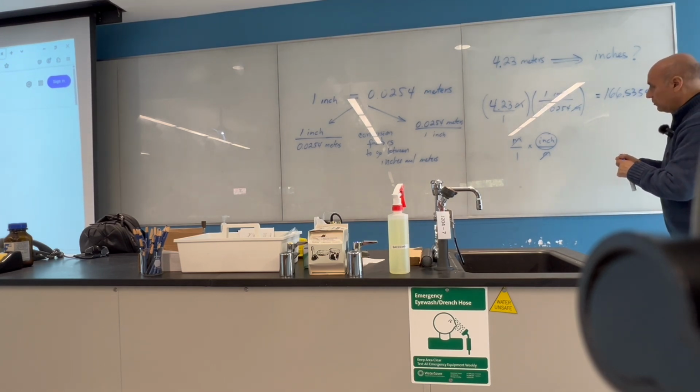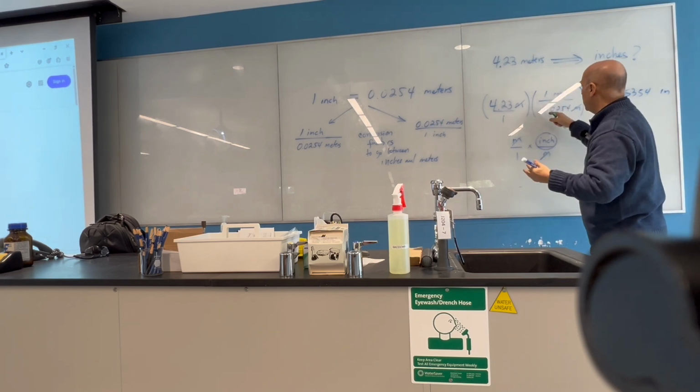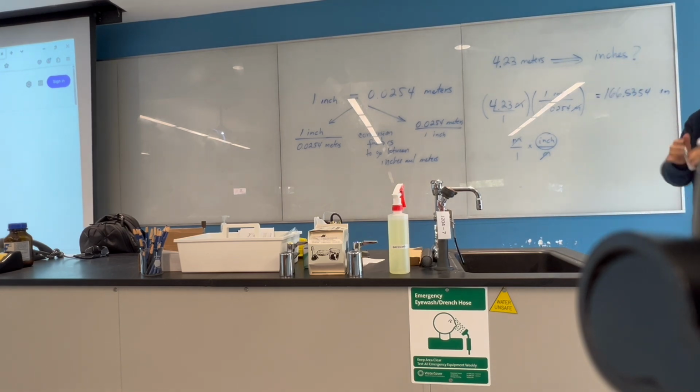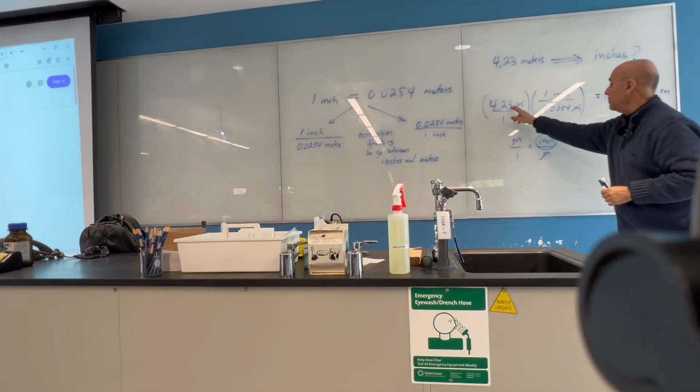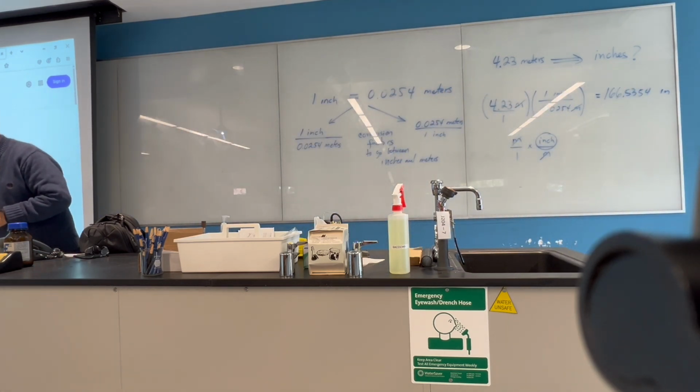Now, is that the right answer? Well, if I were to do it one step at a time, I would say, okay, 4.23 times 1 is 4.23 divided by this. I think it is the right answer. So by using parentheses, I did not make the mistake of multiplying that by that. Let's see what 4.23 times 0.0254 is.